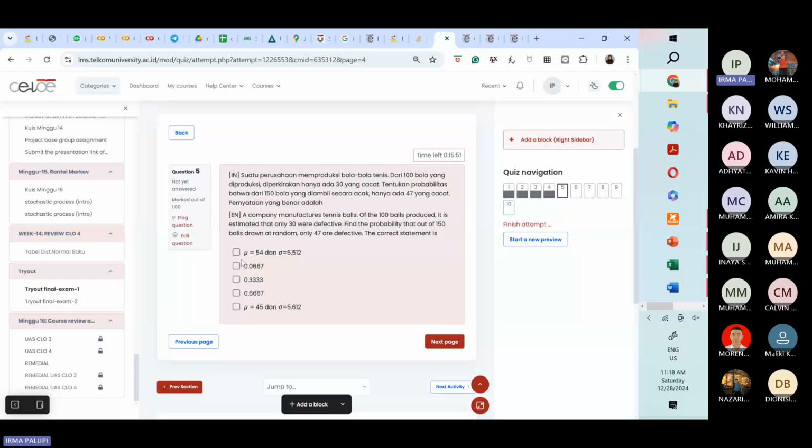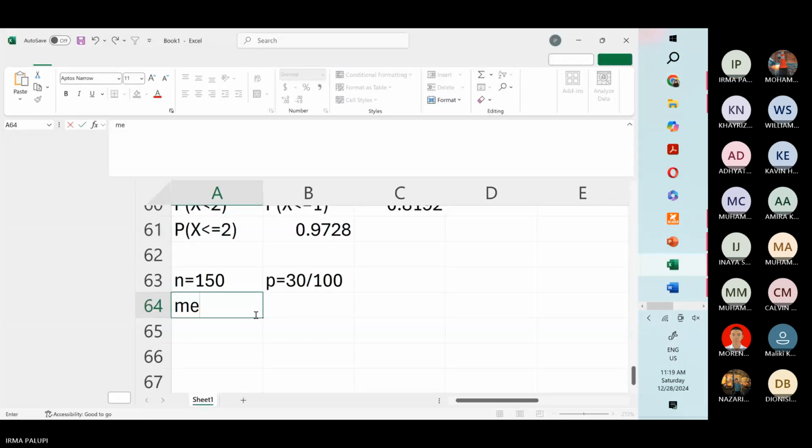Yeah. And this is another problem, finding the mean of X and sigma of X, right? Mean is equal to n times p. So n here is 150 times 0.3.